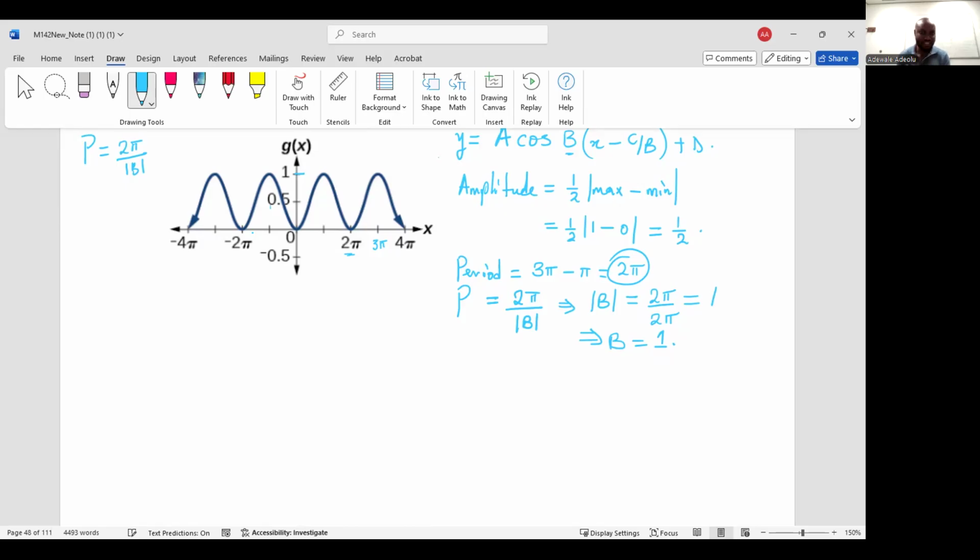But it is not easy to see that. Maybe we should first look at where we have our midline. What is the midline?